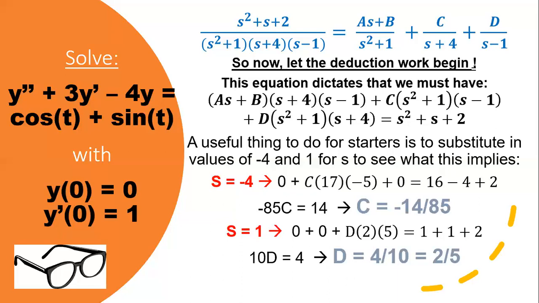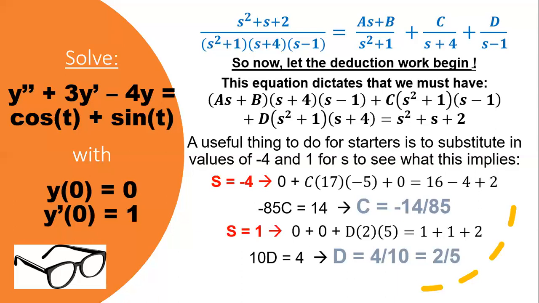For example, if I take s equal to minus 4, the first and the third terms on the left side disappear, leaving us with the equation that c times 17 times minus 5 equals 16 minus 4 plus 2. And that means that negative 85c equals 14, or that c equals minus 14 over 85. We've now found one of our constants.